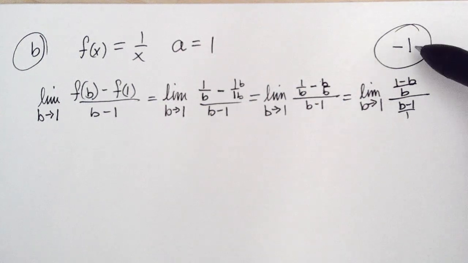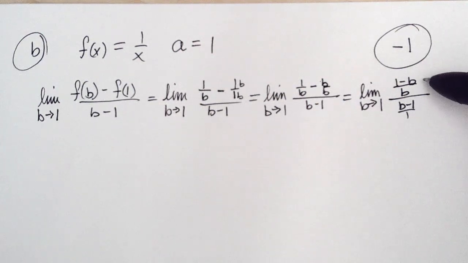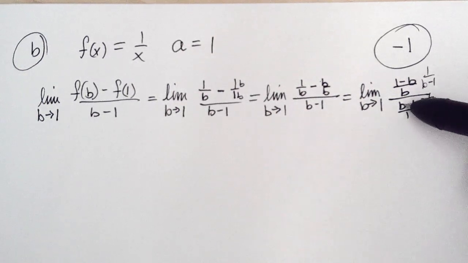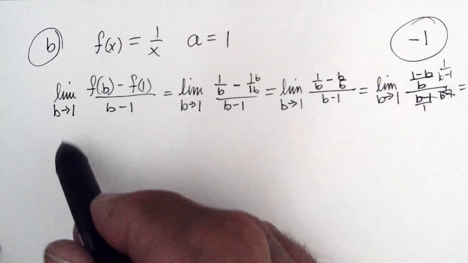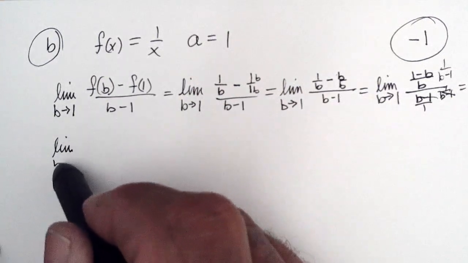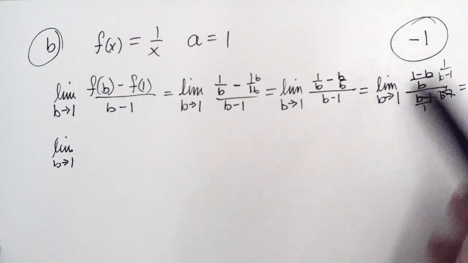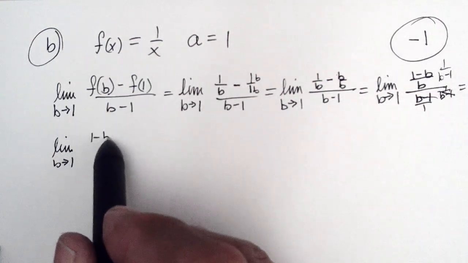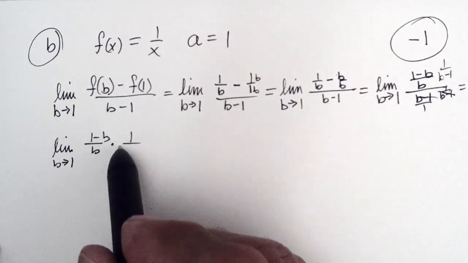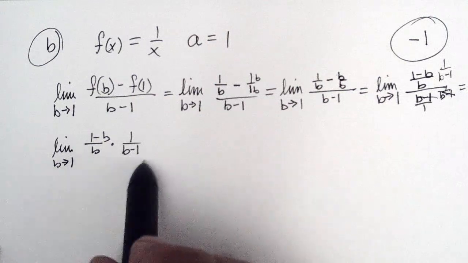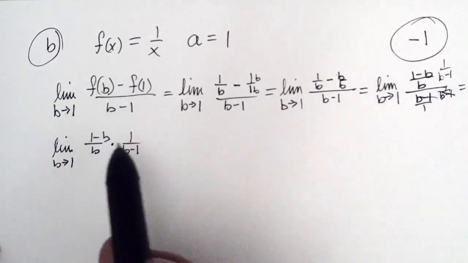So now I can invert and multiply, or I can multiply both numerator and denominator by 1 over b minus 1, so that these cancel, and I get the limit as b approaches 1 of 1 minus b over b times 1 over b minus 1. That's what the denominator comes out to be.